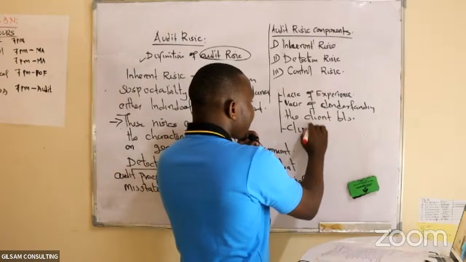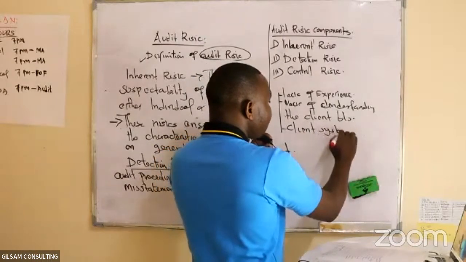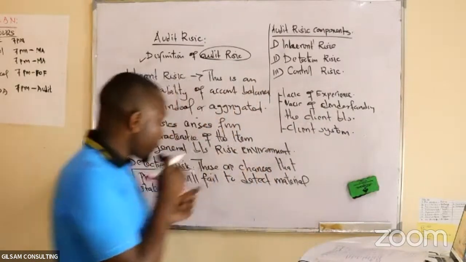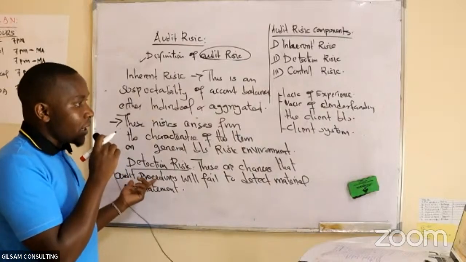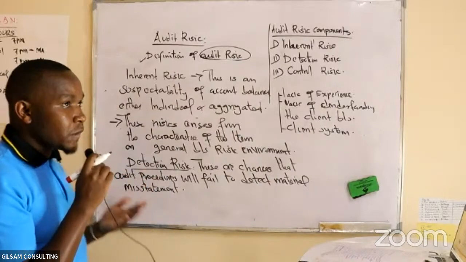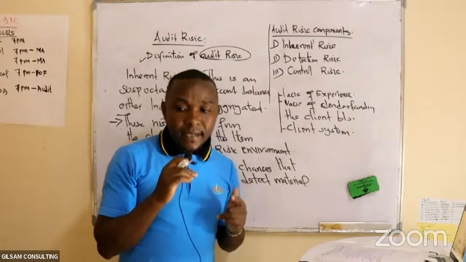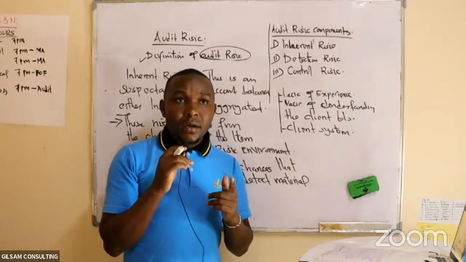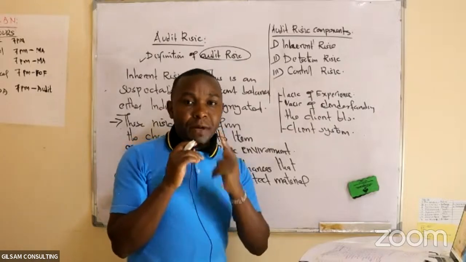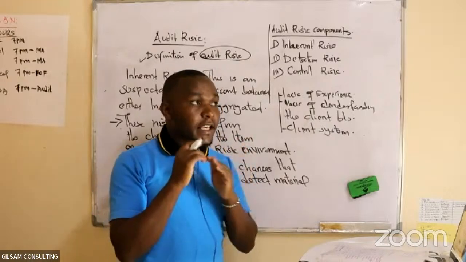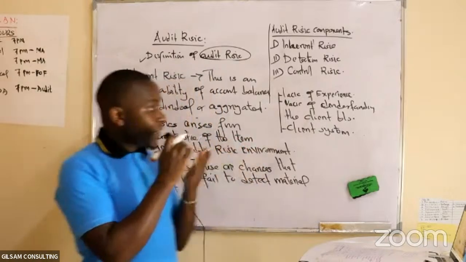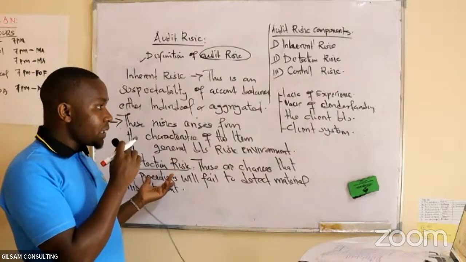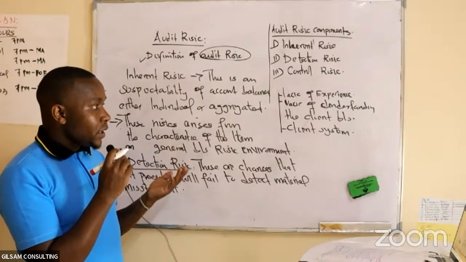Also, you need to understand the client system so that you can develop appropriate audit procedures, because a person who uses QuickBooks will not be the same as a person who uses ERPs.